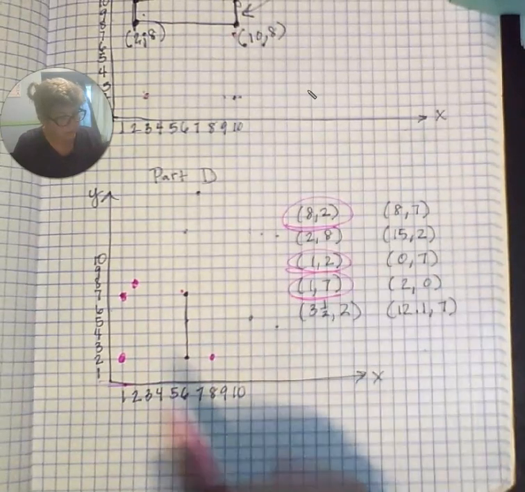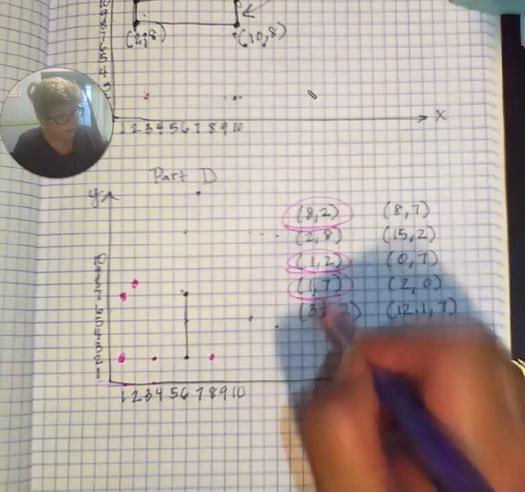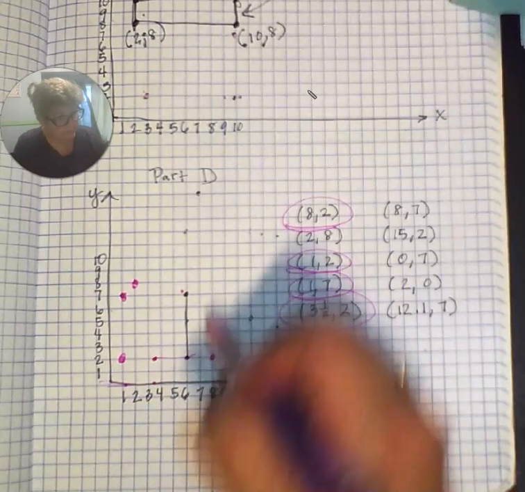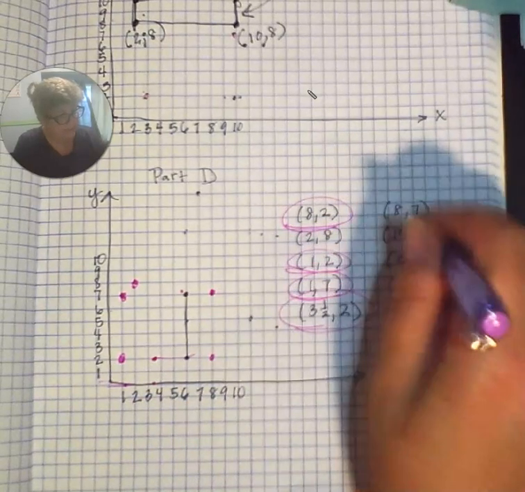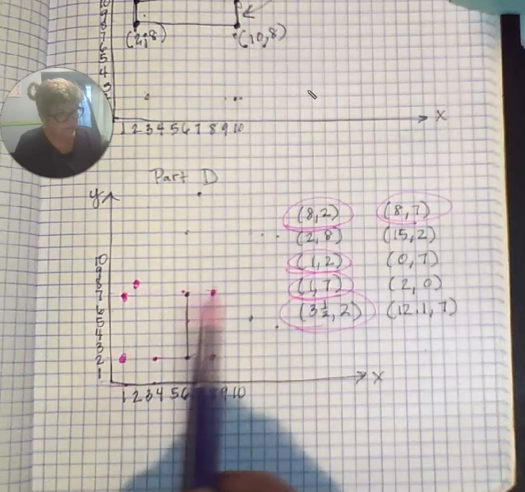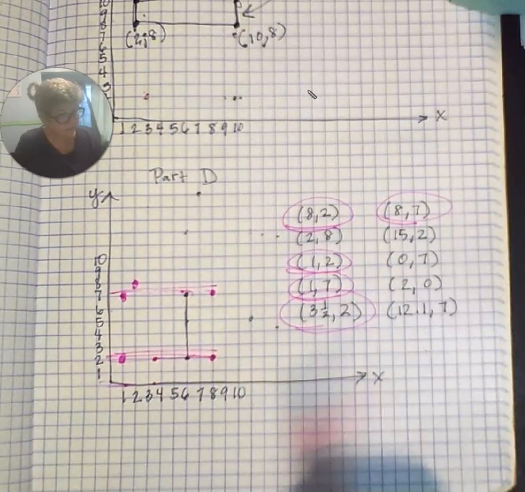3.5, 2? Yep. Could be a corner if I drew it this way. 8-7. Noticing the 7s and the 2s, on the 2s and on the 7s, seems to be a theme there. 15-2.